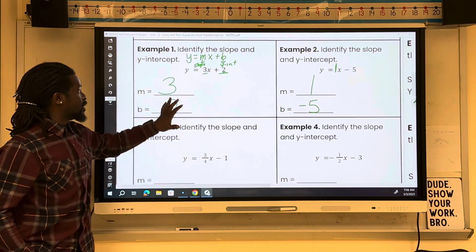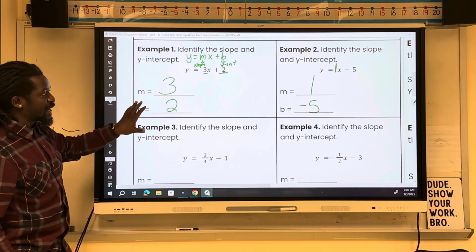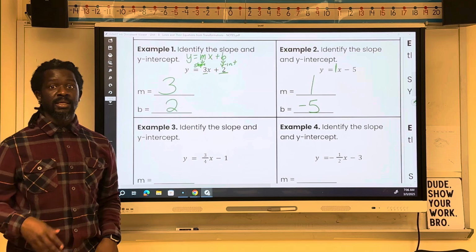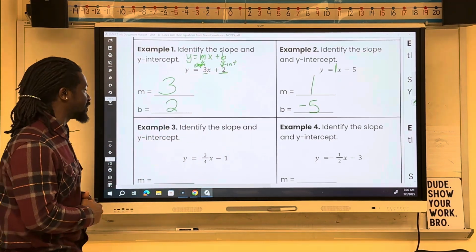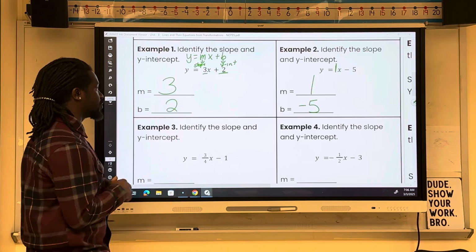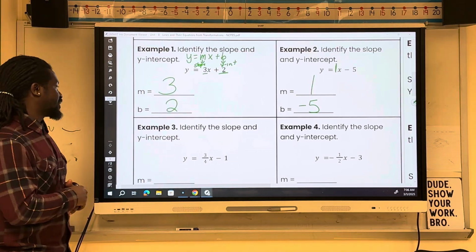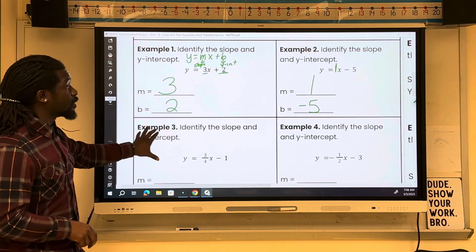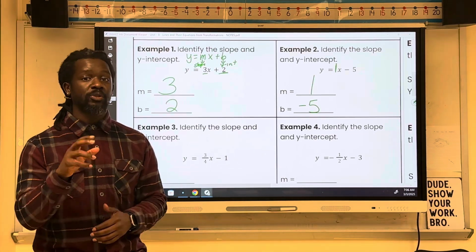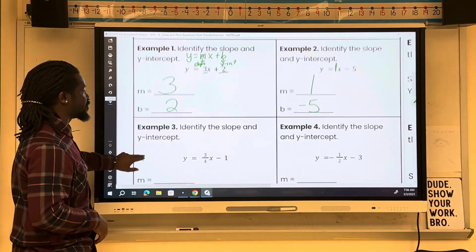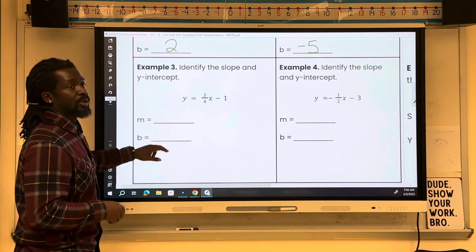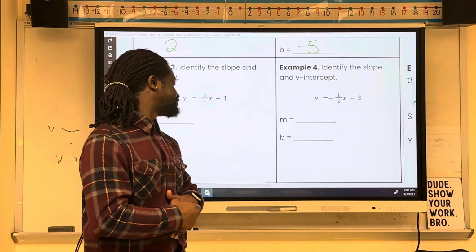This may not mean a whole lot right now, just seeing the equation, but it will make a lot more sense once we see it on the graph, and we'll do that in the next slide. Pause this video really quickly and identify the slope and the y-intercept for examples 3 and 4.